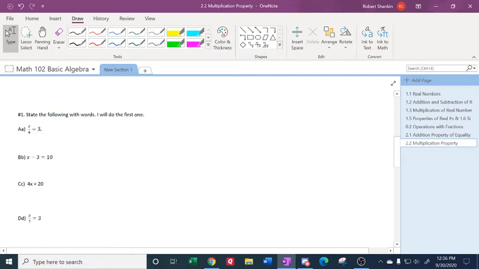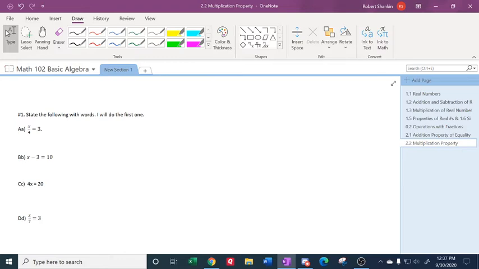So number one, it says state the following with words. I'll do the first one. If you are interested in math history, when algebra first came about, when they first started using letters in equations, and then you had to solve these equations that had a letter in them, it was all done with words.